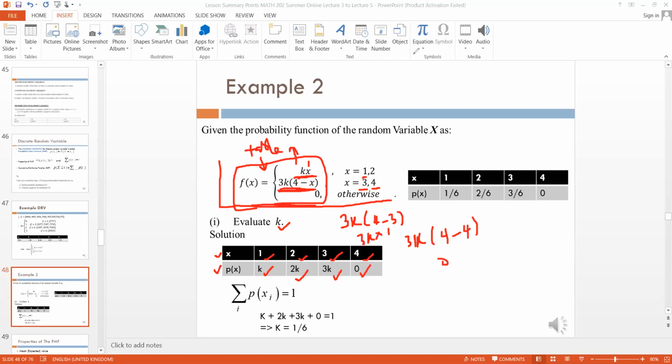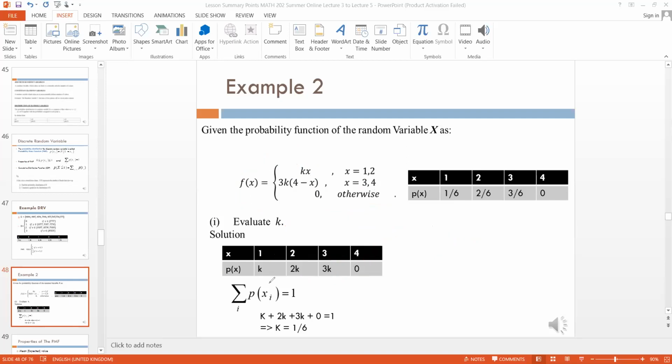With that understanding, the next thing we know is that the sum of all probabilities is always equal to 1. So we can easily write that k plus 2k plus 3k plus 0 should be equal to 1.